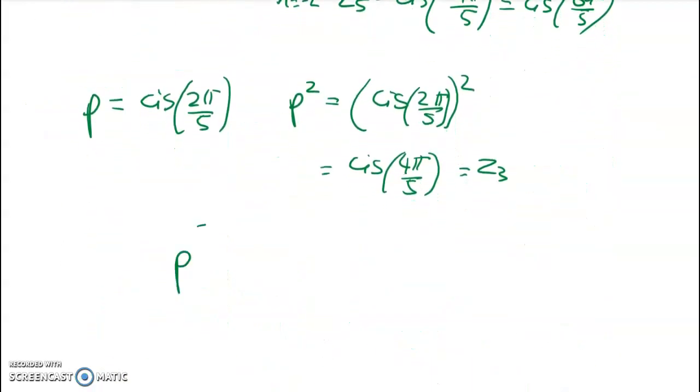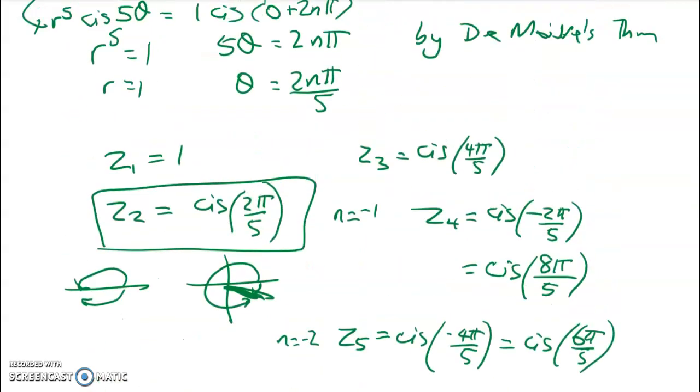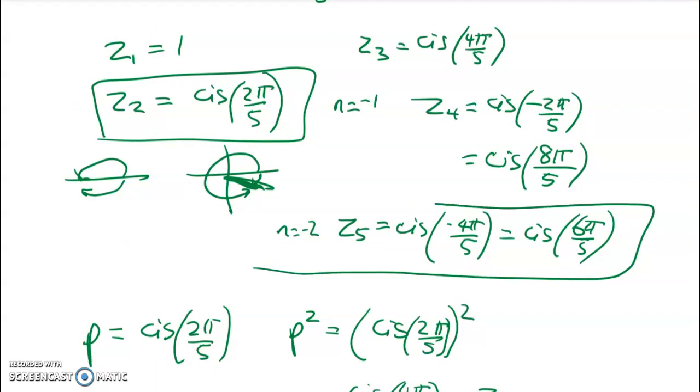If I keep going, p cubed is equal to cis of 2 pi on 5, cubed, which gives me cis of 6 pi on 5, which is Z what? What was that one? P cubed, I think, is equal to, yeah, the last one, right?